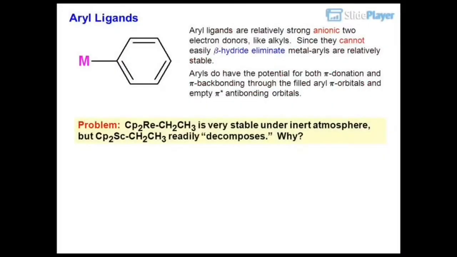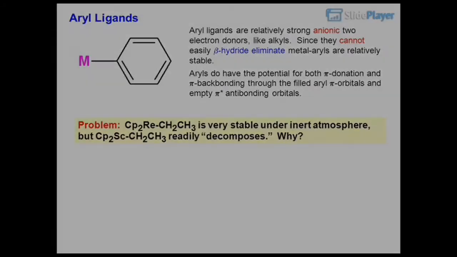Aryl ligands are relatively strong anionic two-electron donors, like alkyls. Since they cannot easily undergo hydride elimination, metal aryls are relatively stable. Aryls do have the potential for both pi donation and pi back bonding, through the filled aryl pi orbitals and empty pi antibonding orbitals.